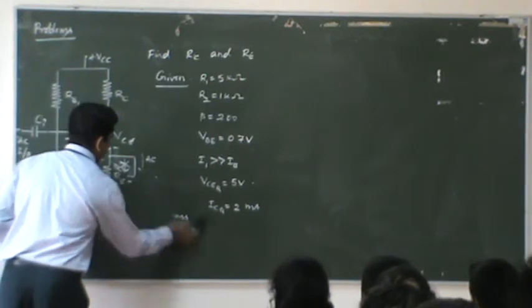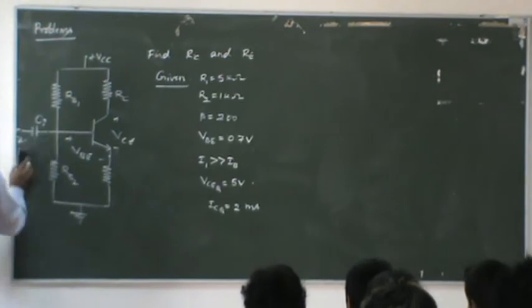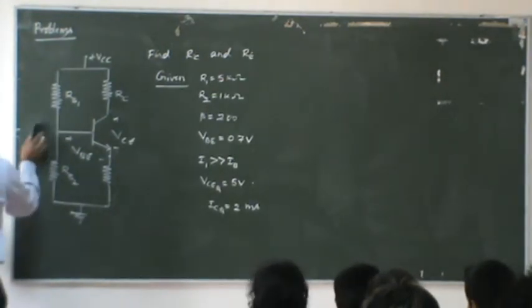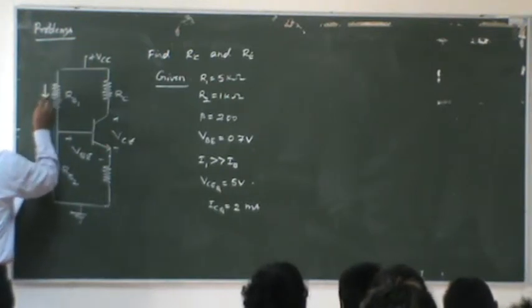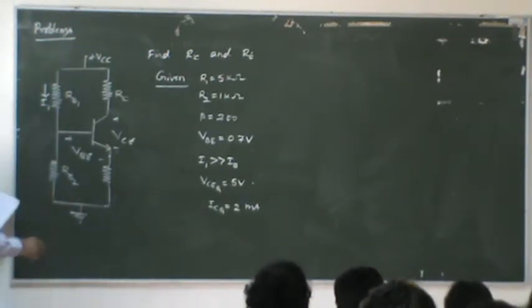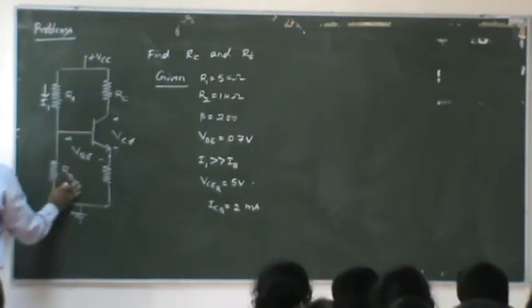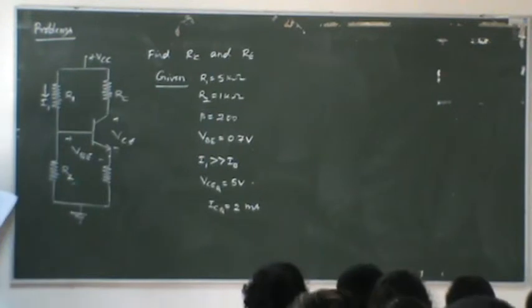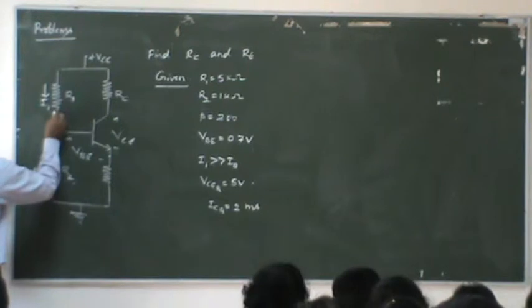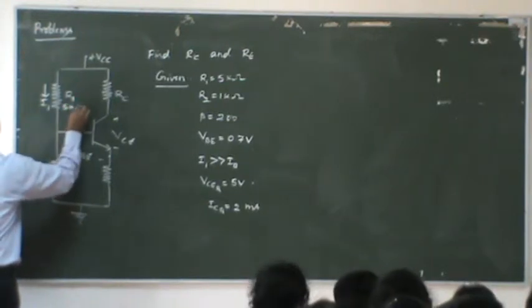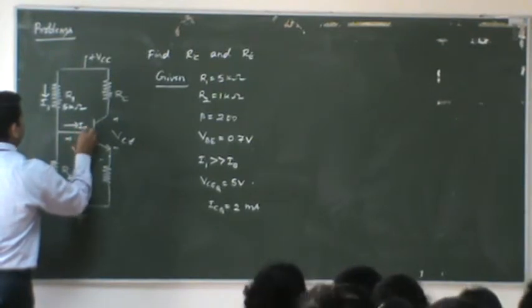You can take down the circuit. This is the circuit given. I1 is the current going through R1; this is not RB1 here, it is R1, and similarly the given name is R2. This is 1 kilo ohm, R1 is 5 kilo ohm. The current flowing through the base of the transistor is IB.